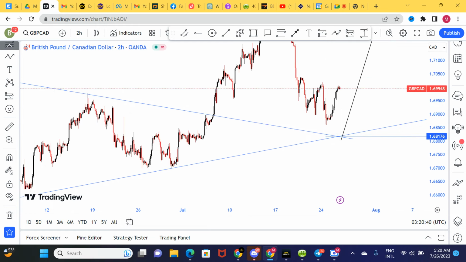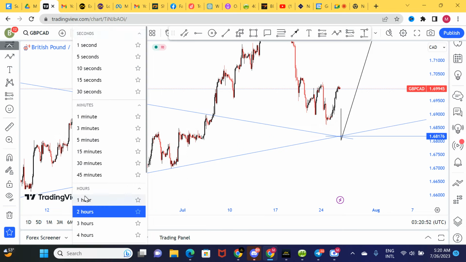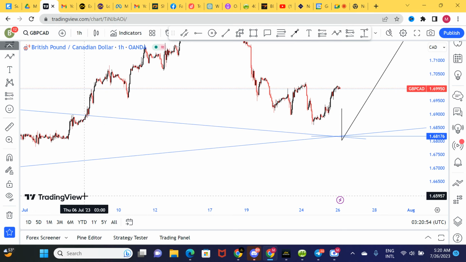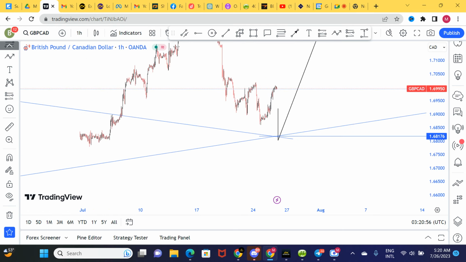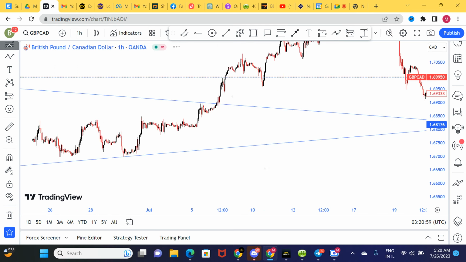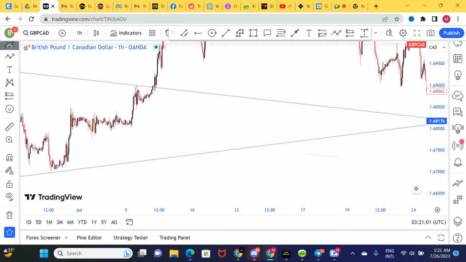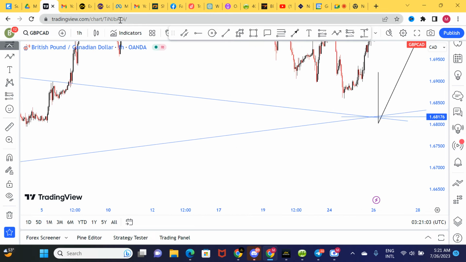Now, looking at this, we can see where price has come. We can see this is a low, and we have this zone, right? So let me just see if I can find some... okay, you can use that.